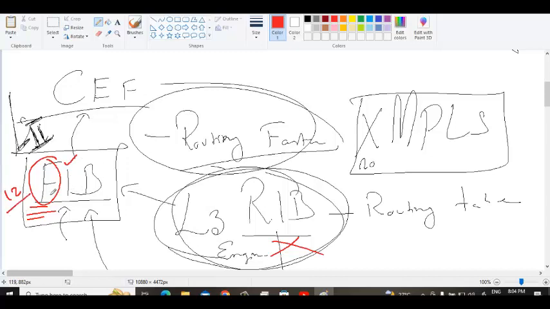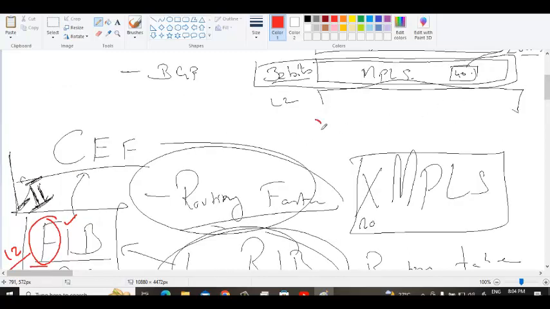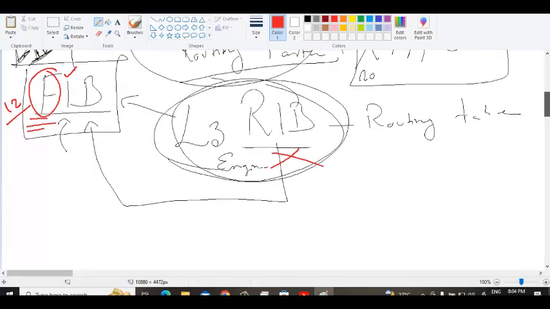What is FIB? What does it have? That's what I said. When you know the destination of a packet, the packet is coming into the router now, isn't it? The router is reading the Layer 3 header of the packet, not the Layer 3 engine, not the RIB. It is reading the Layer 3 header of the incoming packet.